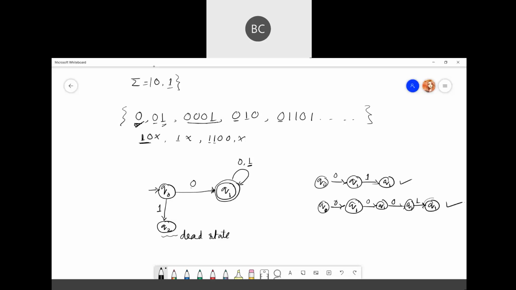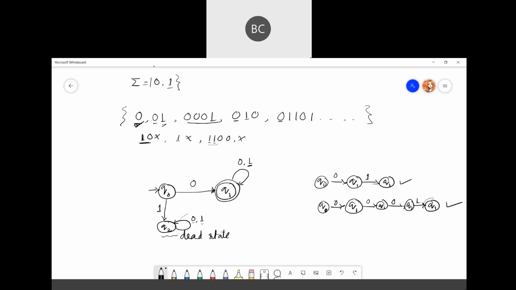In some places you will see people also make a self loop here and write 0 and 1. This one is also correct. Because see, for every state we are saying that both symbols should be utilized. For Q2, I didn't write the symbols 0 and 1. So you just make a self loop here, and no matter what the symbol 0 or 1 is, it will remain in Q2.